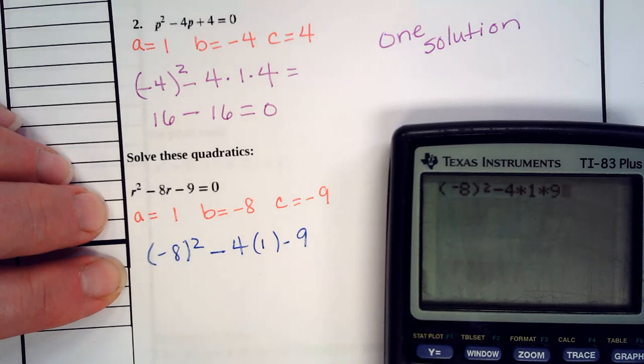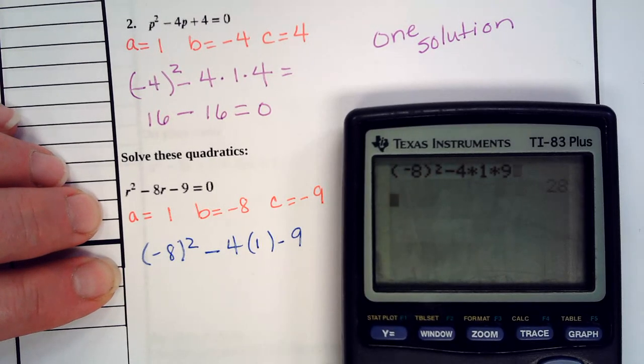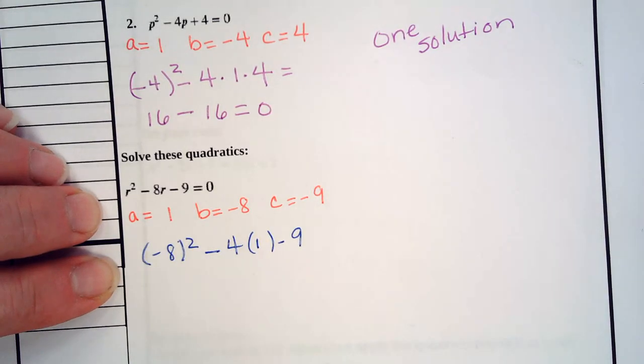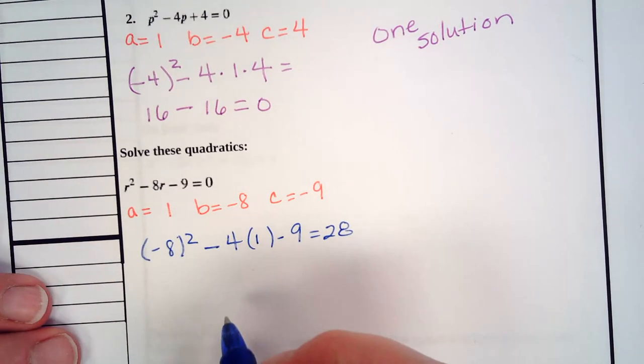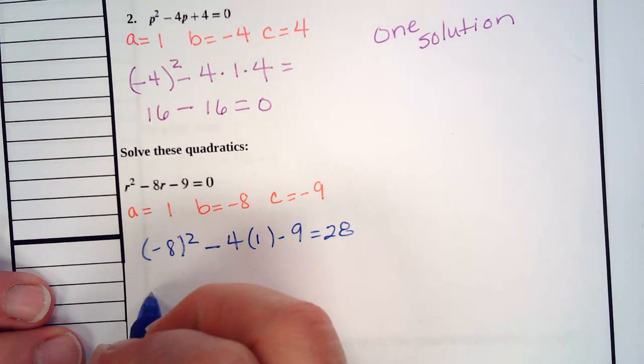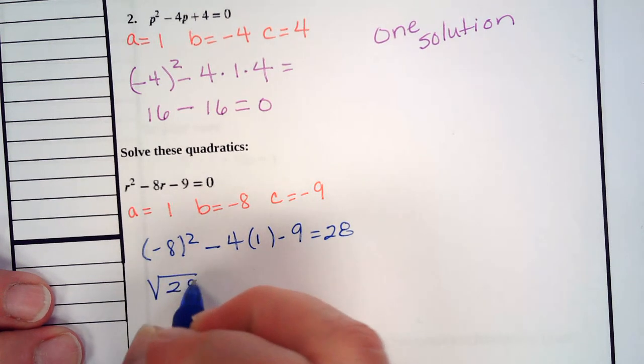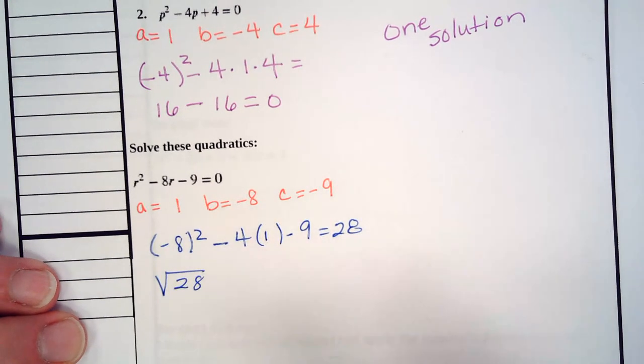Now, would I have had to put in times 1? No, but it just is quicker for me. Okay, so I've got 28. What do I do next? Square root of 28. 28 is not a perfect square.